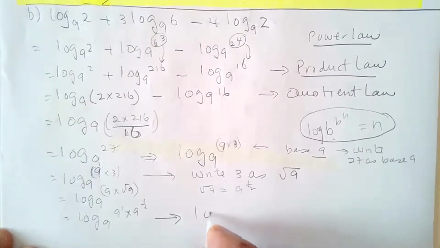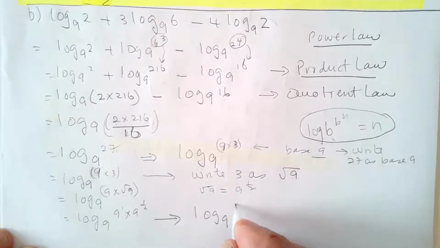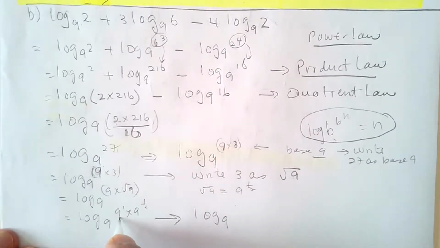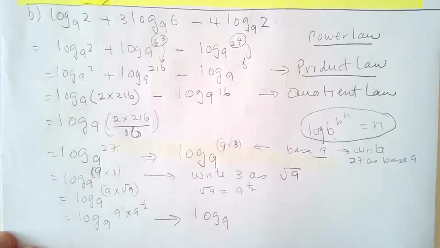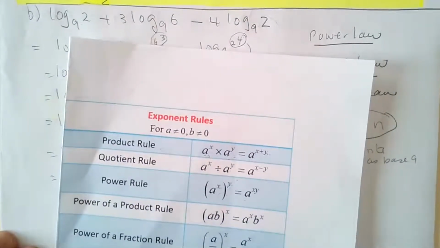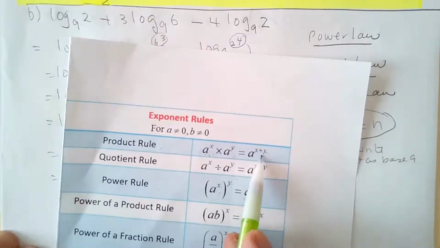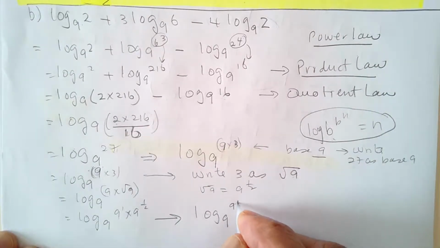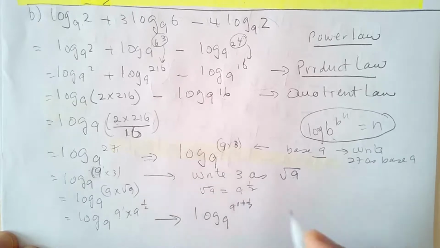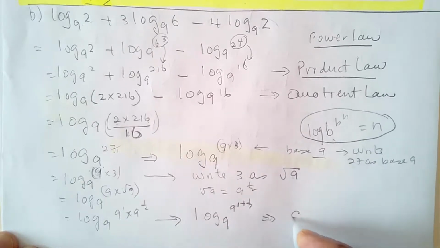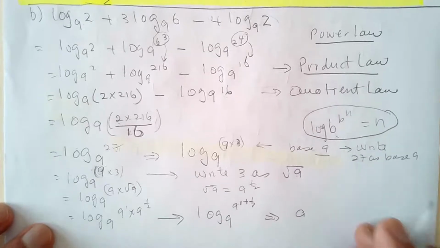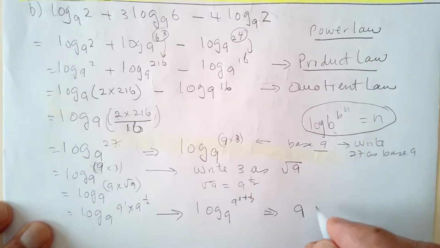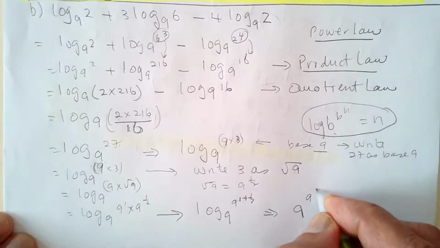This now becomes log 9. So we have 9 times, and when we're looking at the exponential rule, we are multiplying, we add the exponents. So this is 9 to the power 1 plus a half, which gives me 9 to the power 3 over 2.